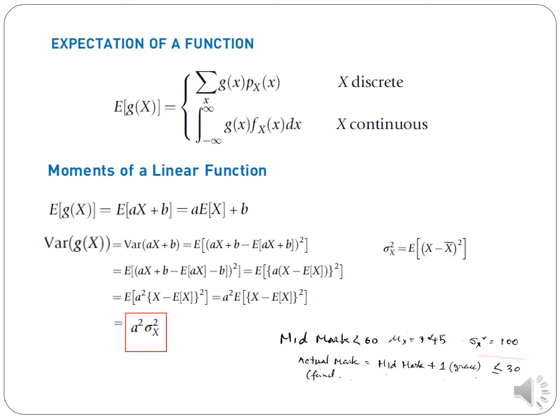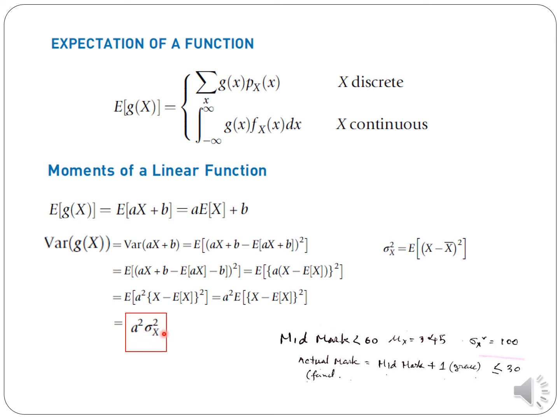Then we can find out the distribution of actual mark, which will carry expected value equal to, according to this formula, and it will also carry a variance which is equal to this formula. Okay, so here in this formula a would be equal to half.